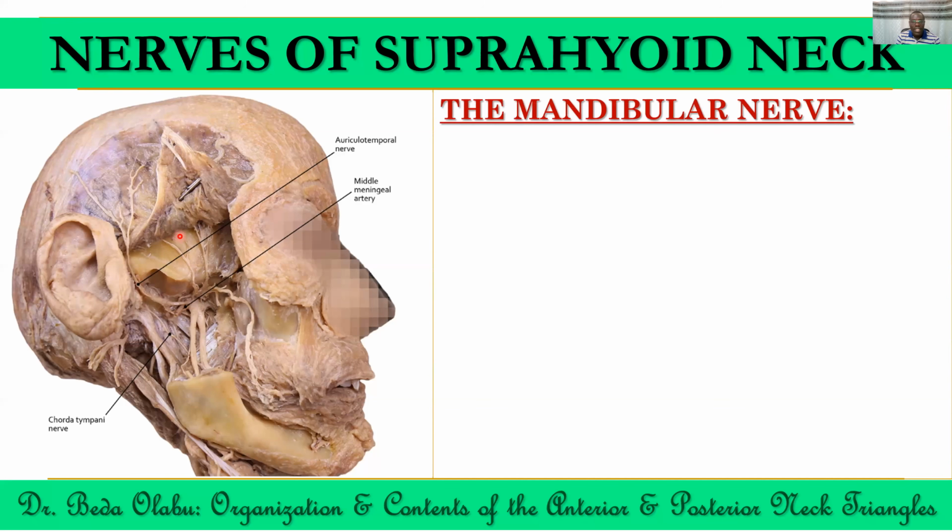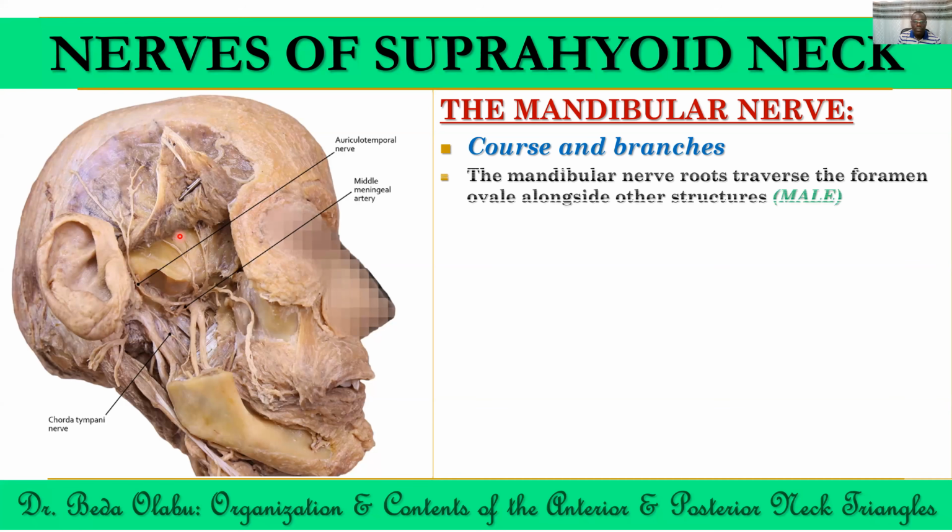So once the nerve has come out, what happens? Well, it traverses the foramen ovale together with other structures. The easier way of remembering the structures that pass through the foramen ovale is to say MEL: M for the mandibular division of trigeminal, which is the main content of the foramen ovale.